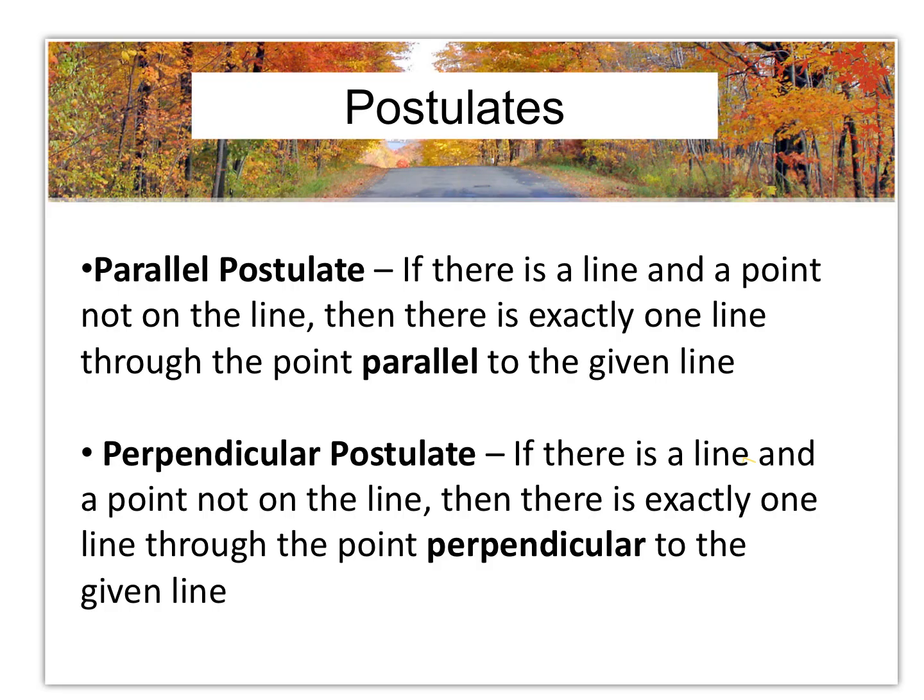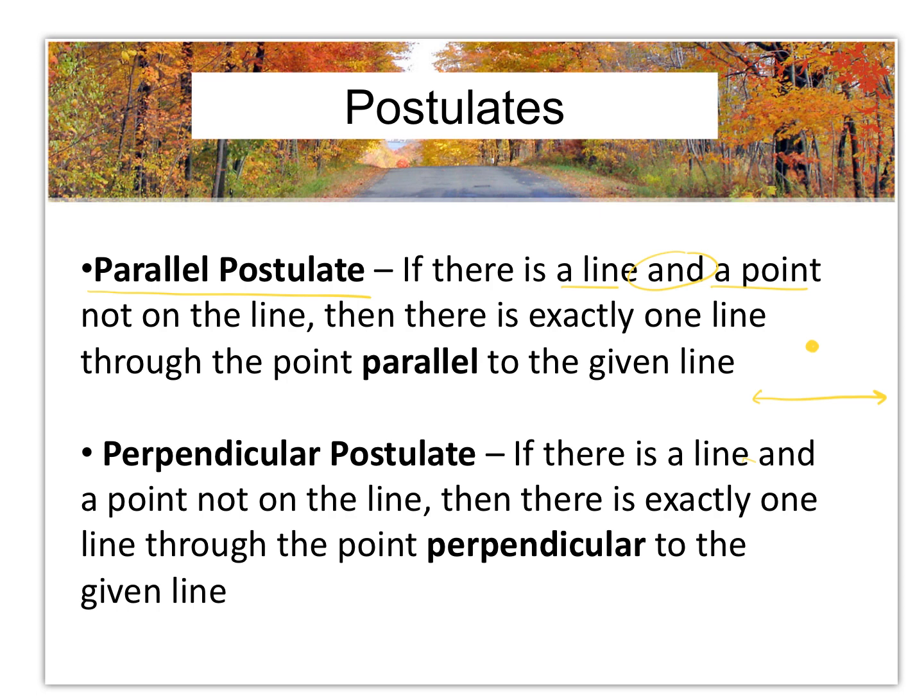So now we're going to talk about some postulates that have to do with parallel and perpendicular lines. The parallel postulate states that if there is a line and a point that is not on the line, then there is exactly one line through the point parallel to the given line. So let's say we start out with this yellow line and we have this point that's not on the line.